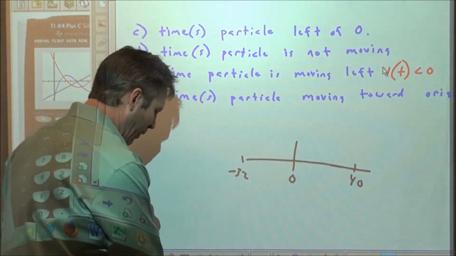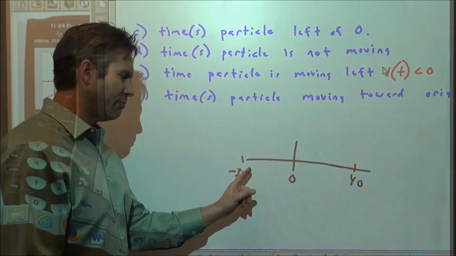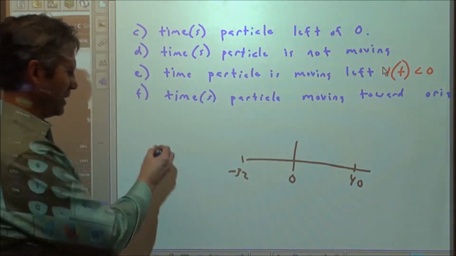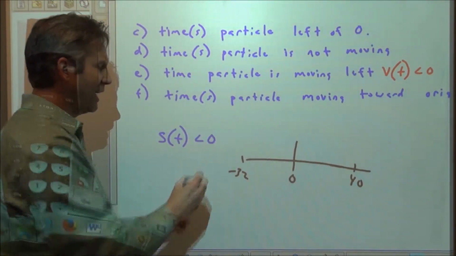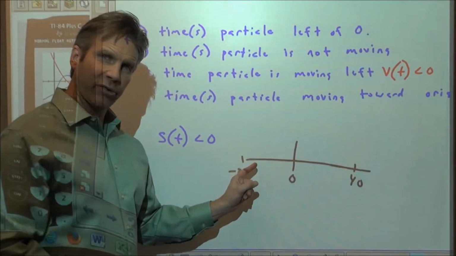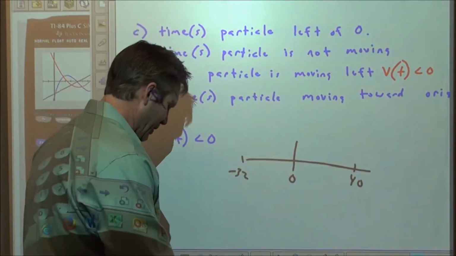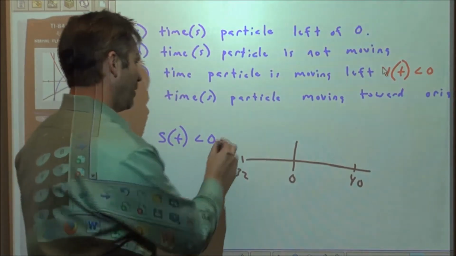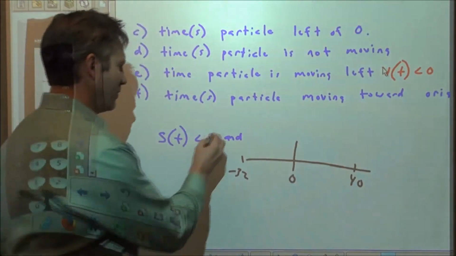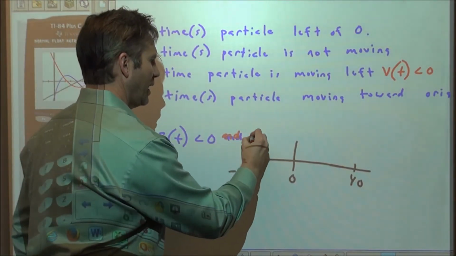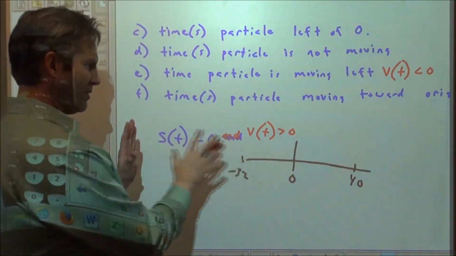So if the mosquito here is to the left of the origin, that would imply that the distance function is less than zero. Now, for it to be moving towards the origin, its velocity has to be going in a positive direction. And the velocity would have to be positive. Okay, so that's one scenario.